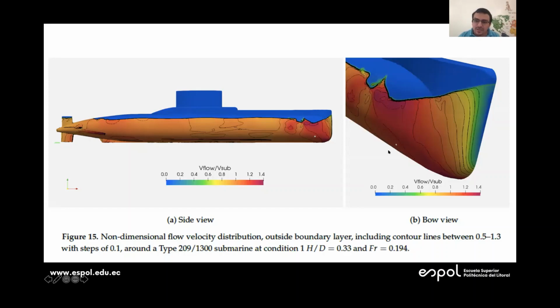We can get a good idea about how the velocity goes to 0 at the stagnation point to the navigation value, that is almost orange, really close to the middle section of the hull. And of course, that velocity distribution is also affected by the wave system that we got at the free surface.